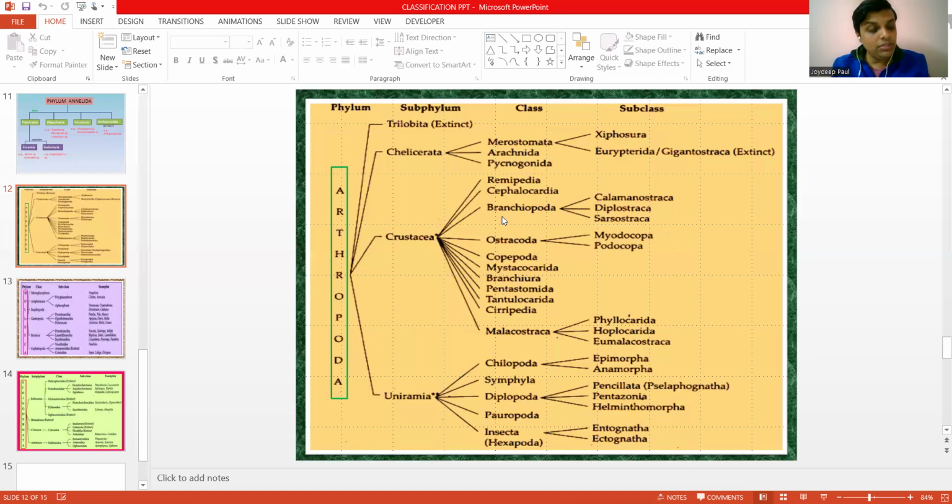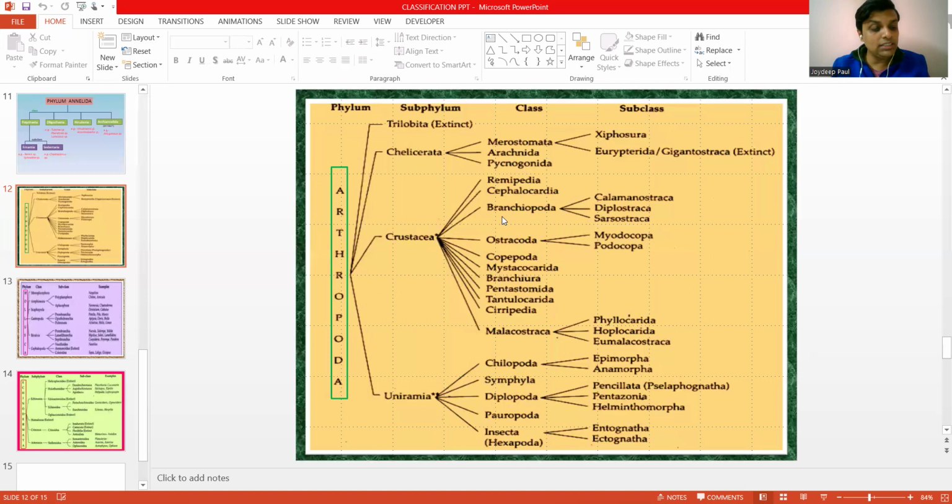The third subphylum is Crustacea. They are mostly aquatic, few are terrestrial, and very few are parasitic. Head is often fused with thoracic segments to form cephalothorax. Thorax and abdomen have a pair of biramous appendages in each segment.